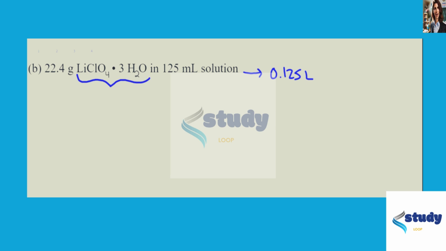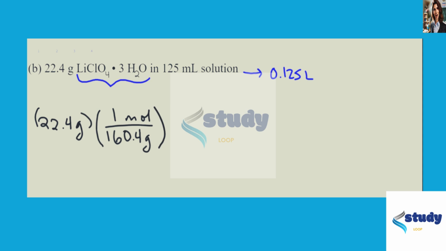So when we do that, we're going to start with 22.4 grams and divide by the molar mass, which is 160.4 grams for every mole. We find that we have 0.140 moles.